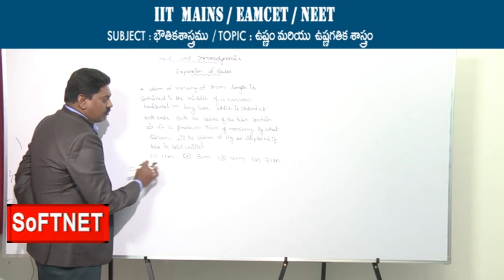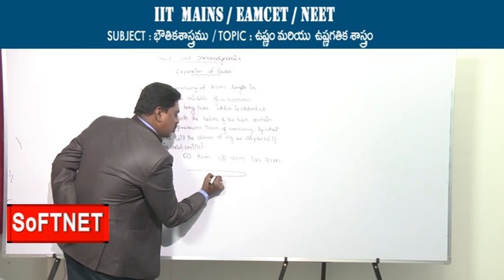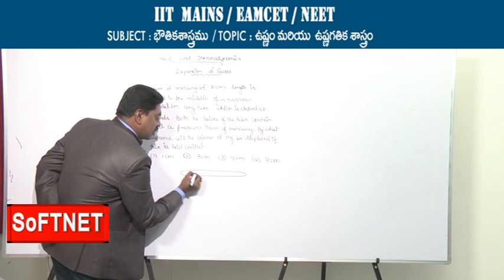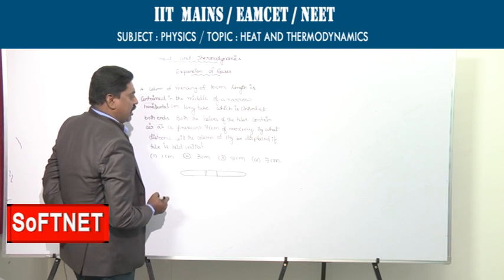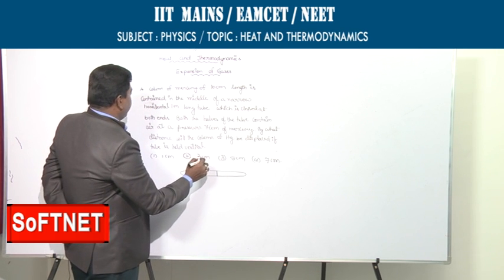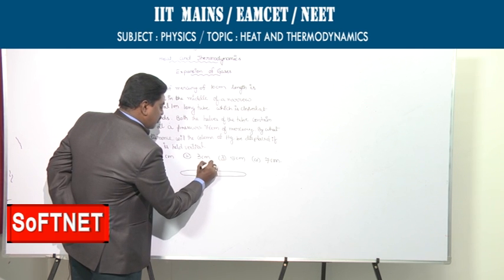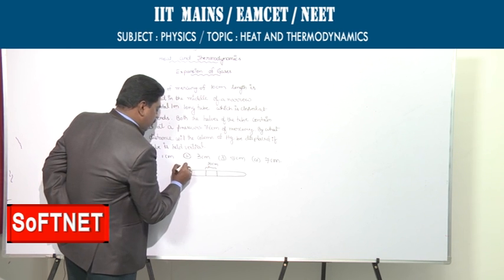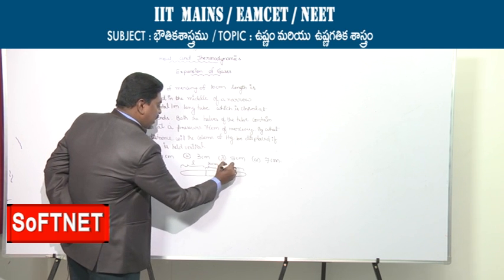Next. Here first of all we are given a tube which is closed at both ends and mercury column exists exactly in the middle. The length of mercury is given as 10 centimeters and remaining lengths are given as L each.